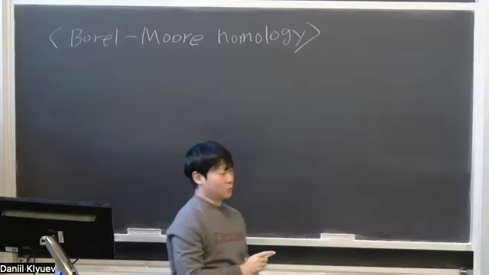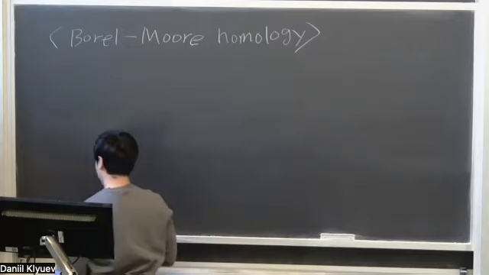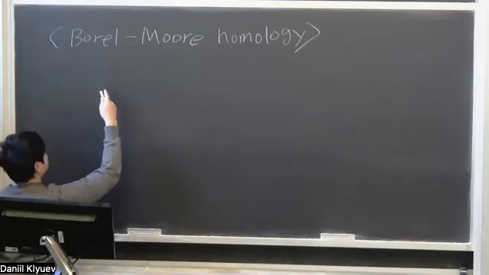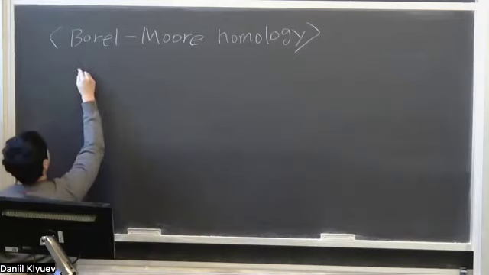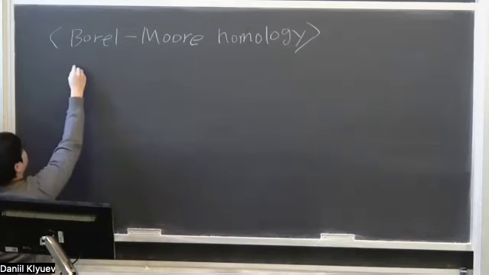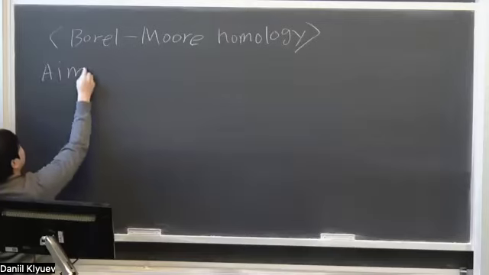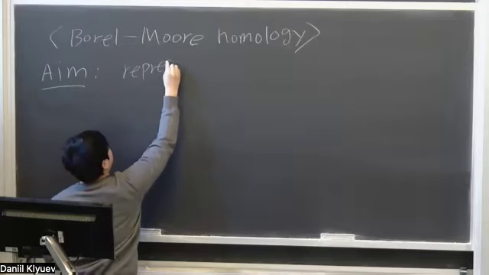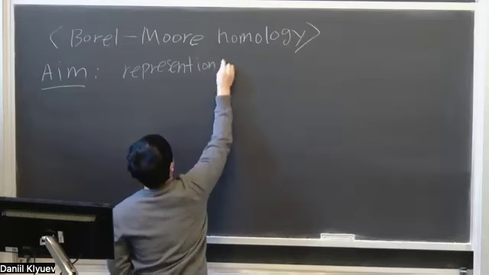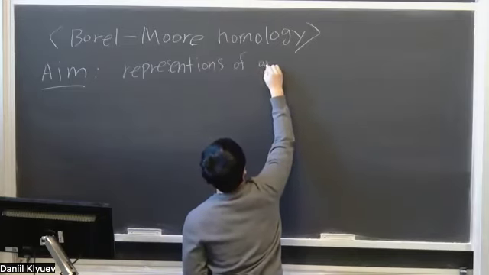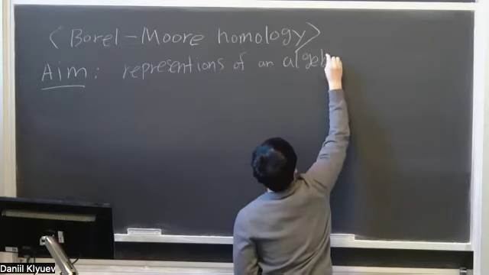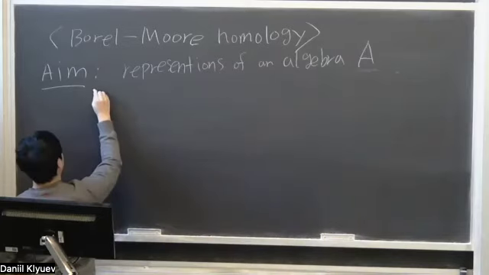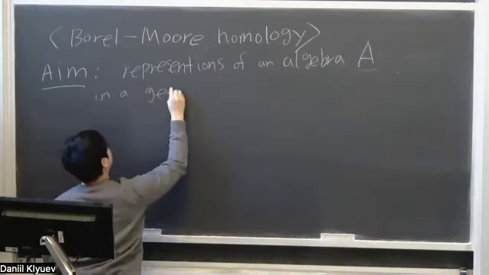Although I don't know yet why these things are so important, so far I've understood that what we want to do in this literature is to study representations of an algebra A, given an algebra A, in a geometric way.